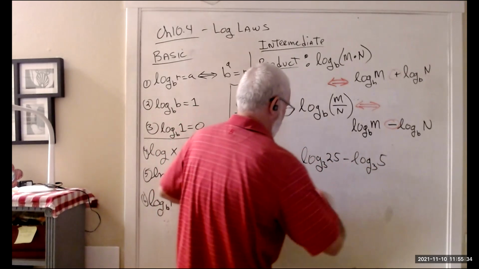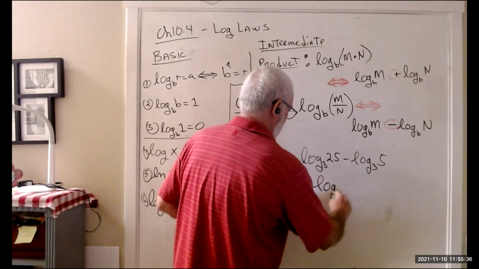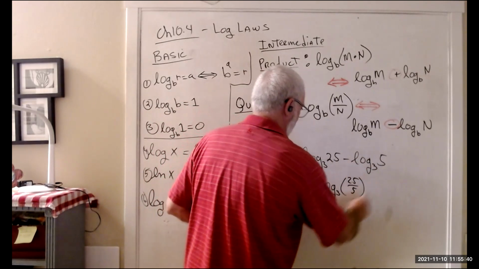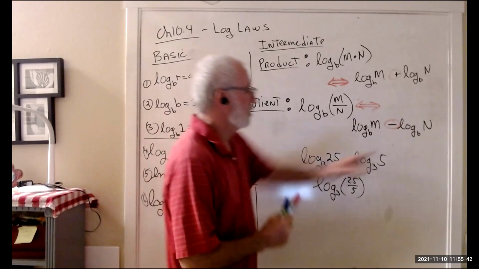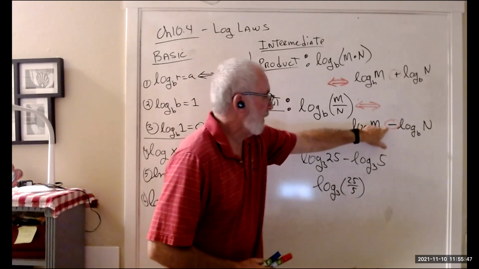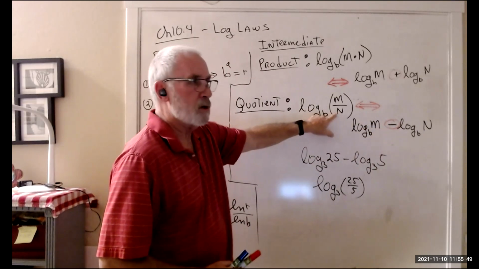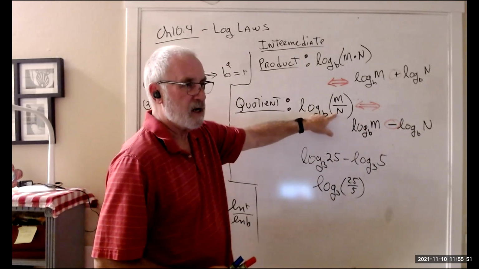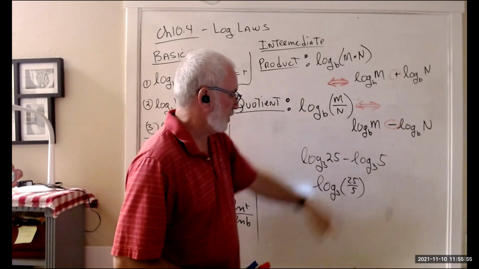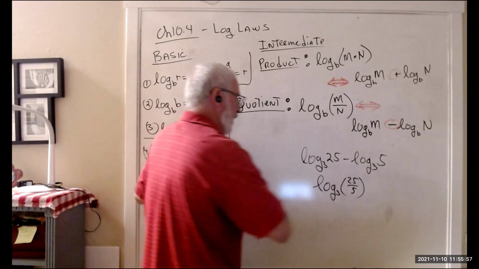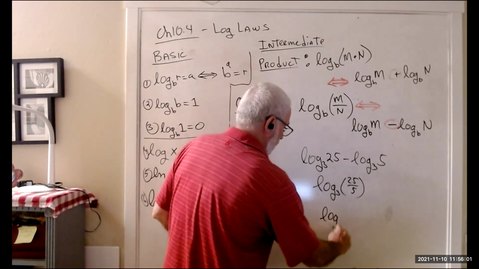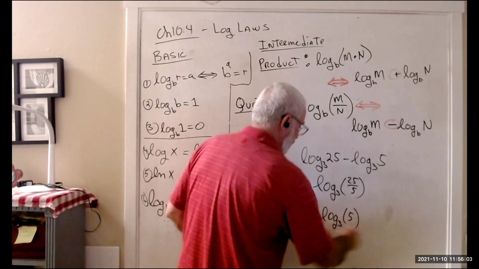I can convert this into log base 3 of 25 over 5. Two logs that are subtracting can be condensed into one big log that's dividing. But wait, 25 over 5 is just 5. So this becomes log base 3 of just 5.